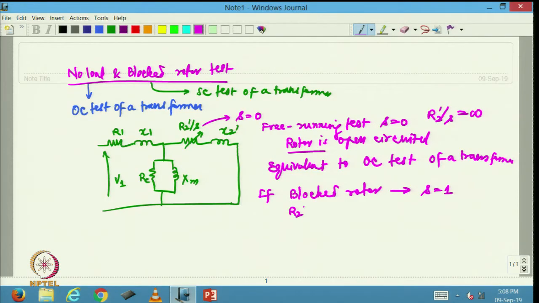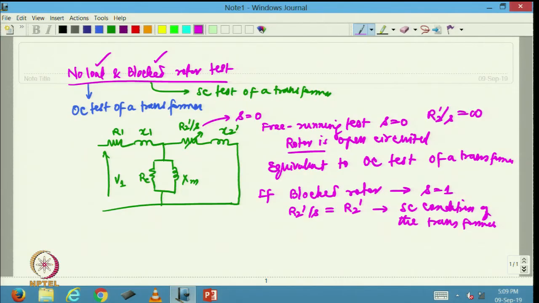So, R2 dash by S becomes equal to R2 dash itself, which is very clearly the normal short circuit condition of the induction motor. So, it is equivalent to the short circuit condition of the transformer as well. So, please realize that the no load test corresponds to the open circuit test of a transformer and the block rotor test is equivalent to the short circuit test of a transformer.